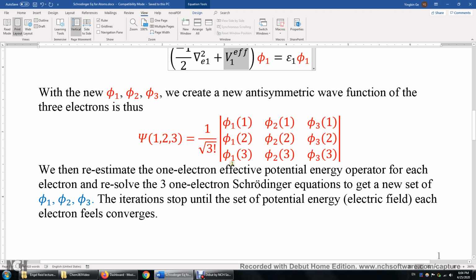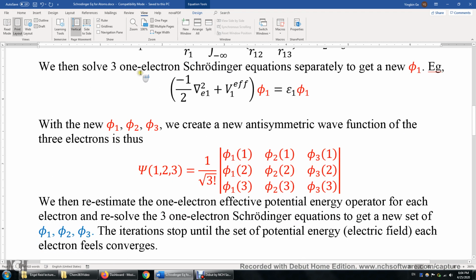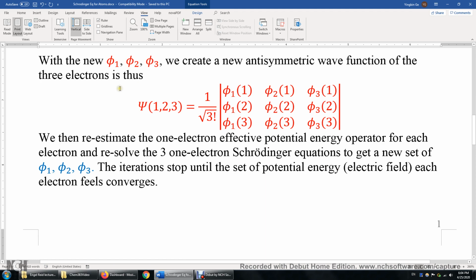We stop there, and we obtain the approximate wave functions for the 3 electrons, and also the approximate total wave function of the 3 electrons together. So that's the strategy of solving the Schrodinger equation for a system with 3 or more electrons.